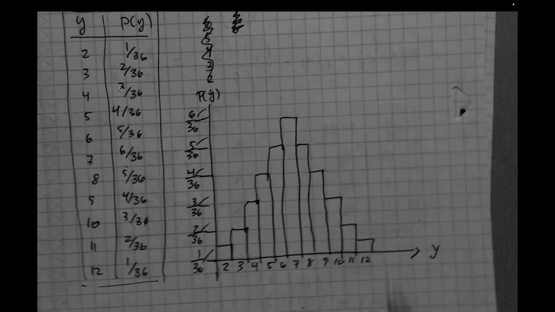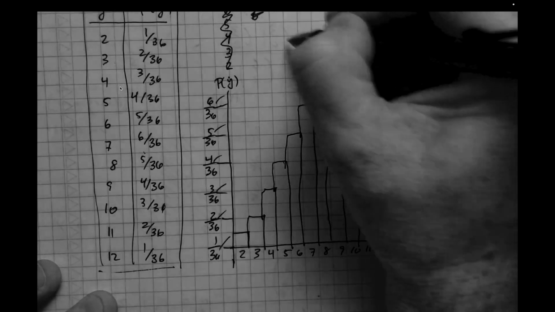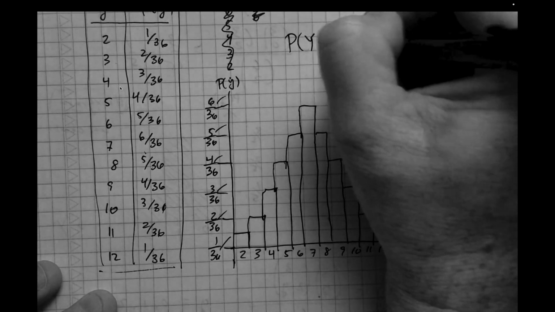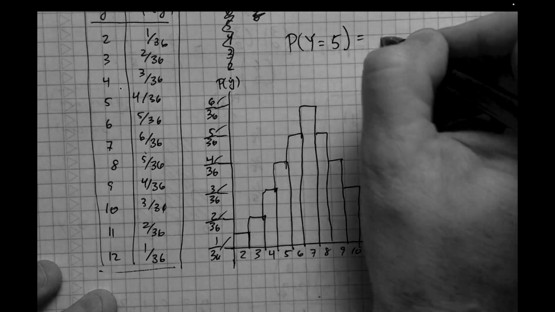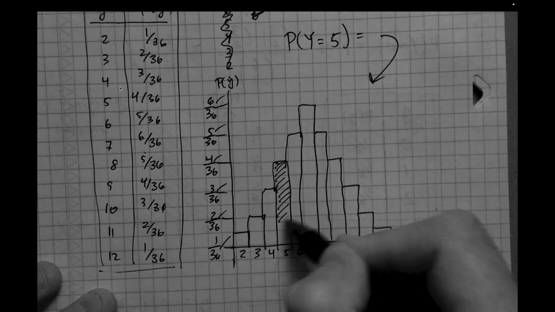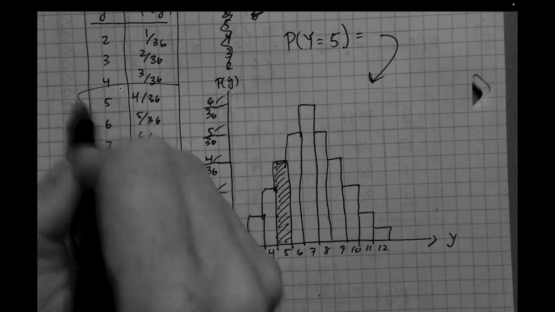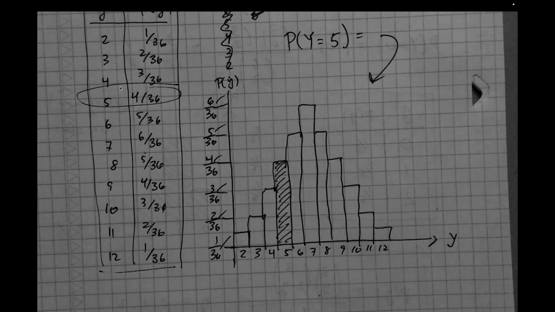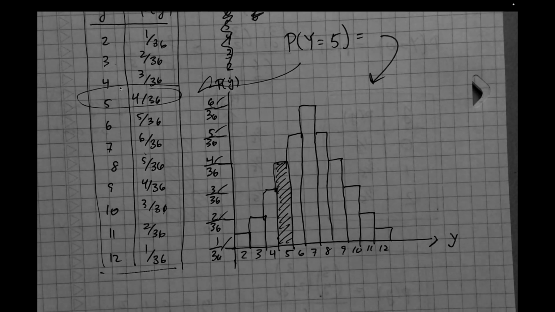So for example, if I were to ask what's the probability that y is equal to 5, I can look down here and see it's 4 in 36. I can also look over here in the table and see it there. So it's available in both places.